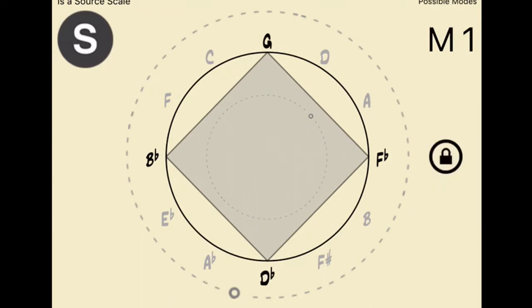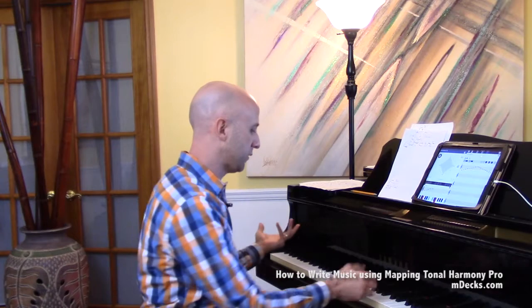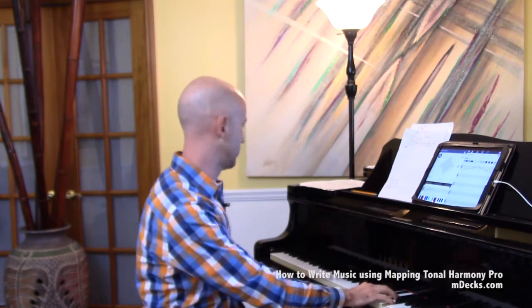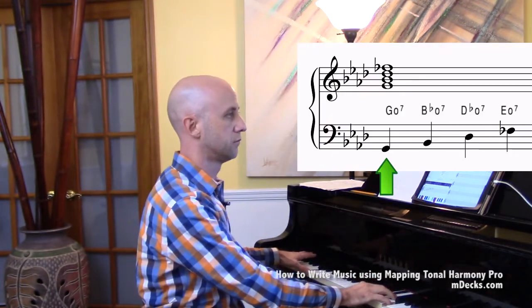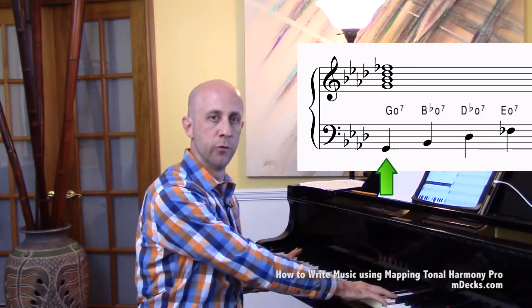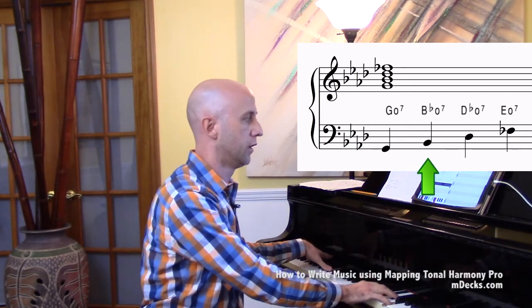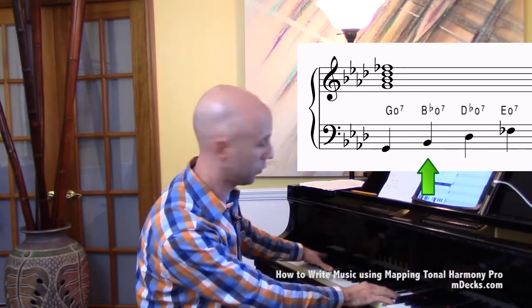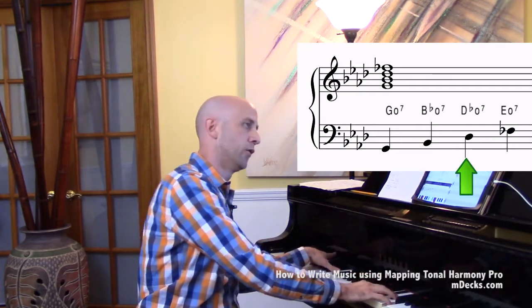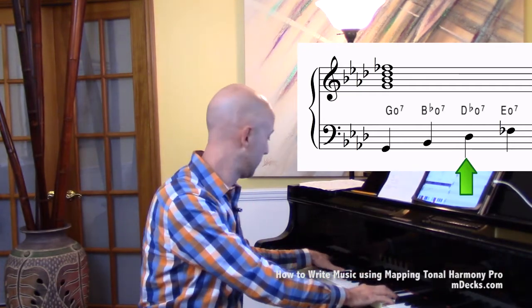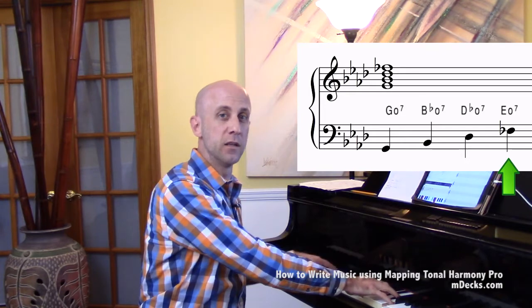But something else to be said about this chord is that, as with any diminished 7 chord, any note in the chord can be the root. All right, so I can take G diminished and have it sound like G diminished by rooting it on G, or if I change the root to B flat, I still have the same 4 notes, but now it's a B flat diminished 7 chord. If I move the root up to D flat, now I'm on D flat diminished 7, now I'm on E diminished 7.